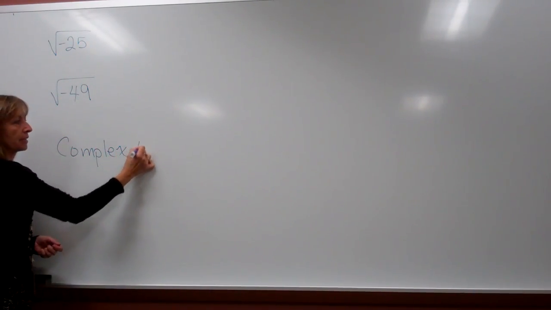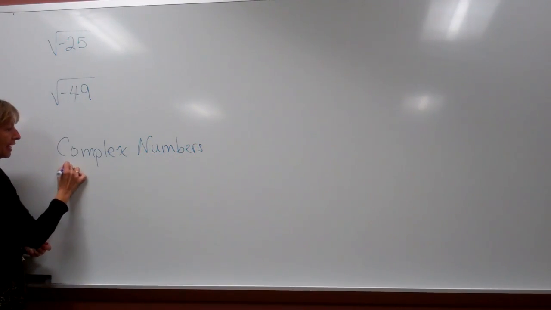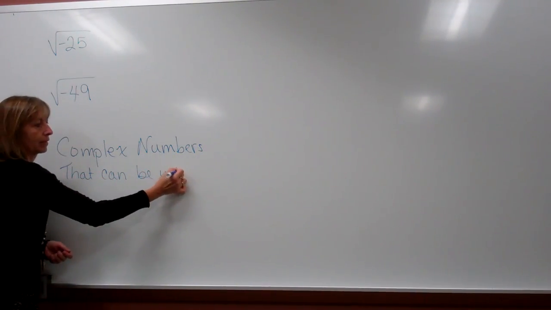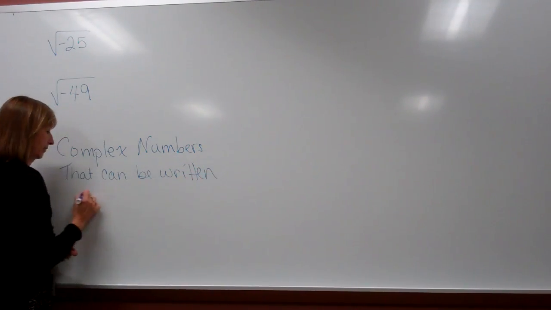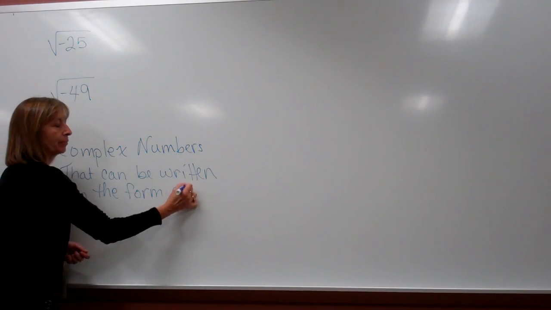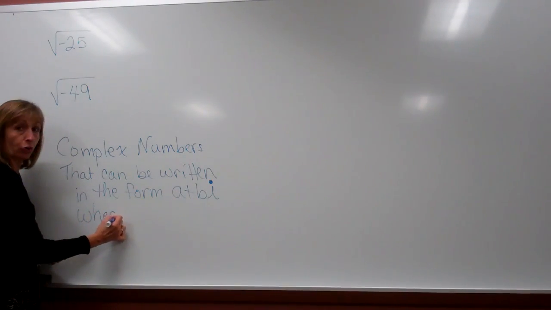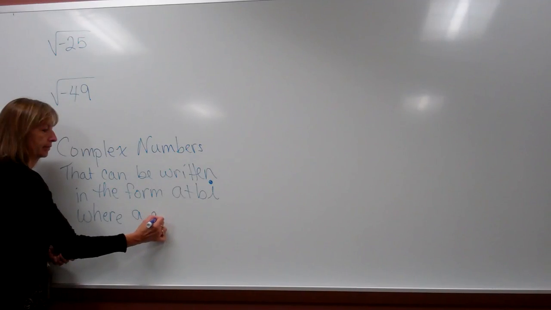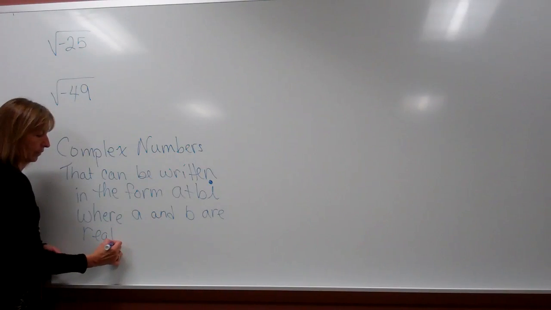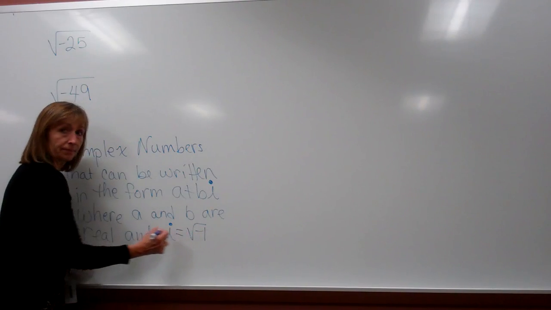The complex numbers is defined to be the set of all numbers that can be written in the form a plus bi, where a and b are real, and i is equal to the square root of negative 1.